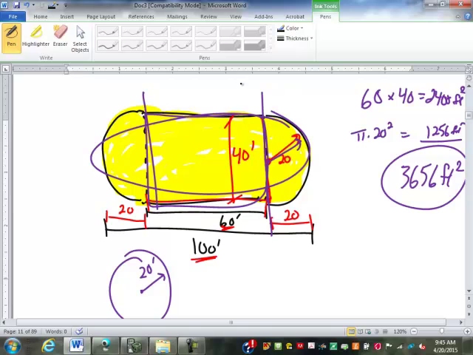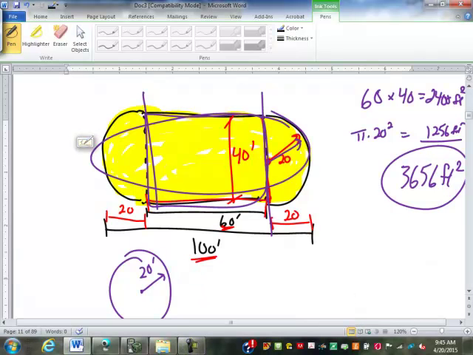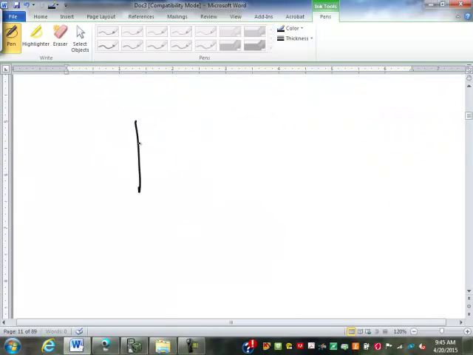Okay, I know. We'll go over that again. We have a rectangle, right? That was 60 feet this way.